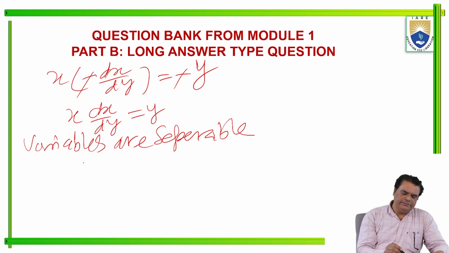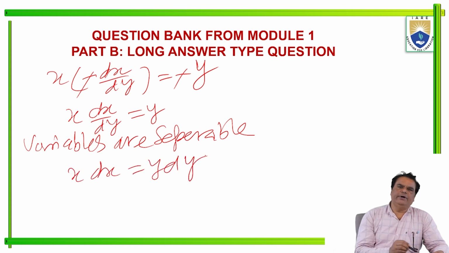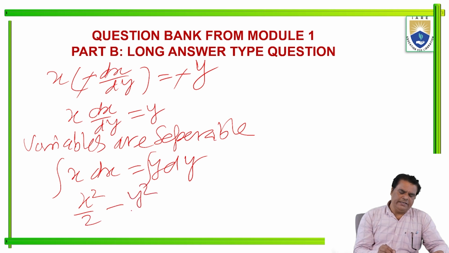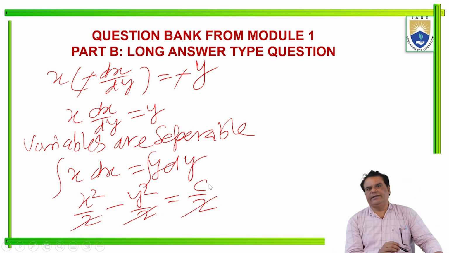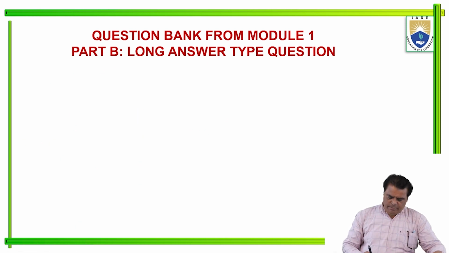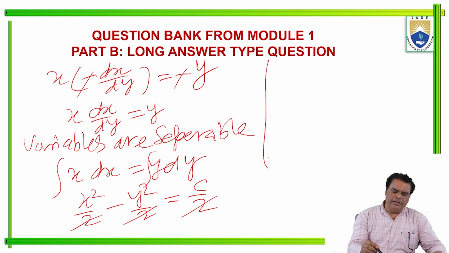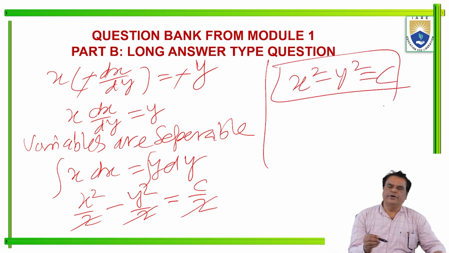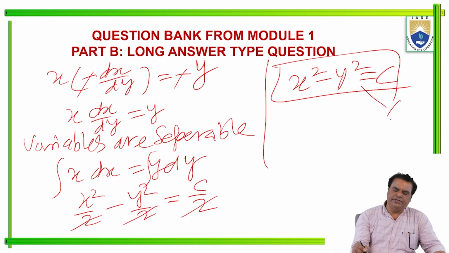So here x dx equal to y dy. Integrating on both sides, then we get x square by 2 minus y square by 2 equal to c by 2. So 2 is cancelled. c is an arbitrary constant. Then we get here x square minus y square equal to c. Okay.